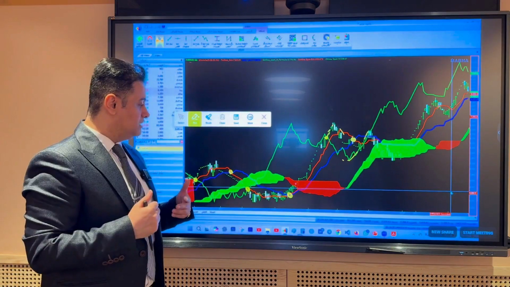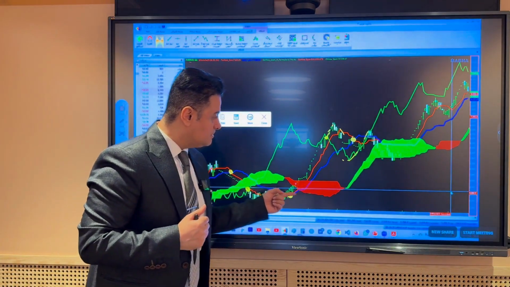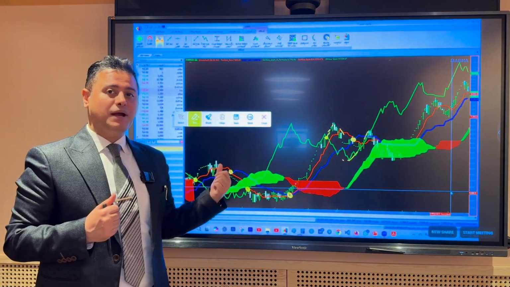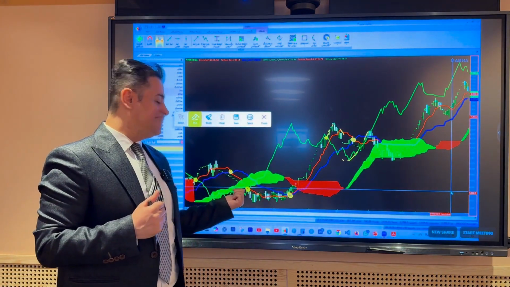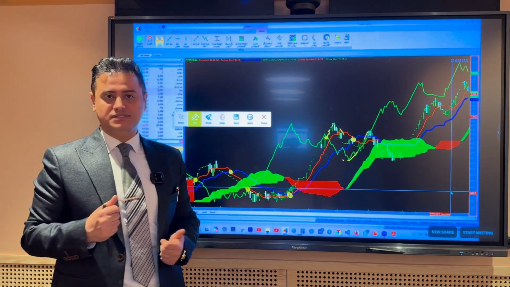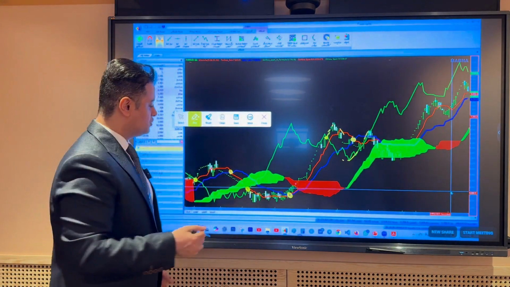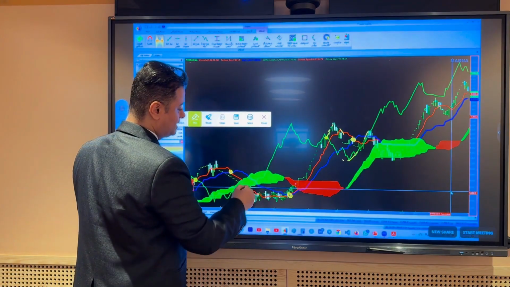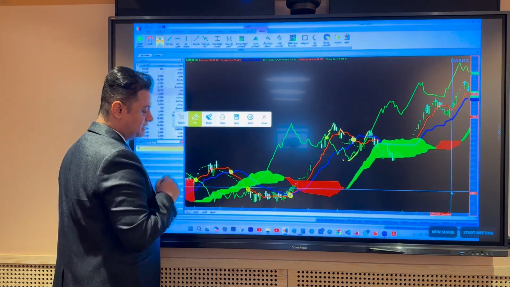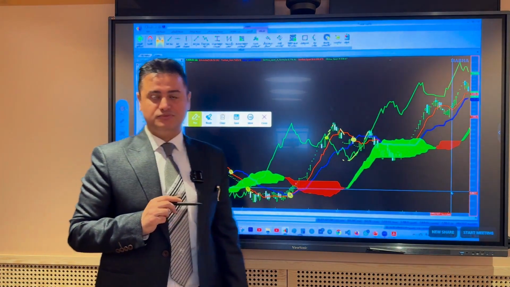When the Kijun-sen cuts from below to above, we will have a downward trend. But for the green line, the Chikou Span, we consider the intersection between the Chikou Span and the chart as a signal. If the Chikou Span cuts from below to above, it's an upward trend. If it cuts from above to below, it will be a downward trend.